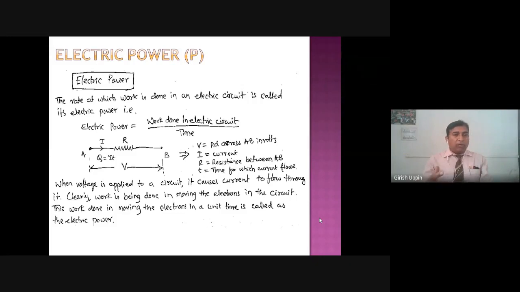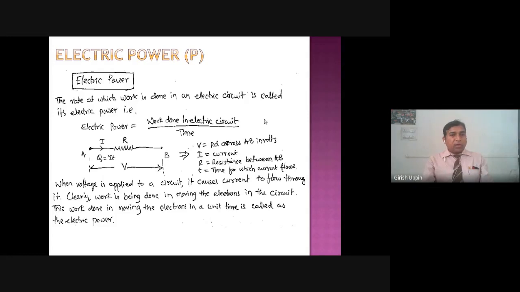If you have a motor with a power of 1 horsepower, which is how they represent the power in a motor, 1 HP, the amount of water it can pump will be less compared to a 2 horsepower motor, because the power is more. With that definition, we understand what electric power is: the rate at which work is done in an electric circuit.